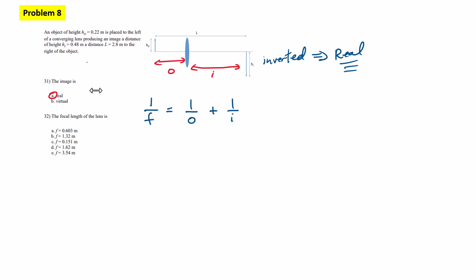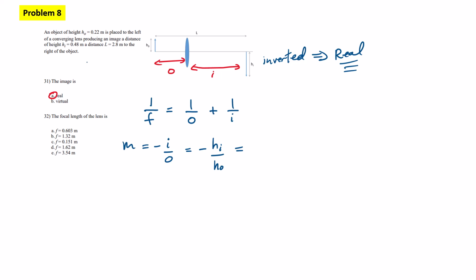But now I can use the fact that I know the height of the object and the image, because that is related to the magnification. And the magnification is minus I over O, or you can also write it as minus h_i divided by h_o. All right, so what you're going to find is that the magnification here has to be a negative value, right? And if you substitute h_i and h_o over here, you're going to see, in fact, that it is a negative value.